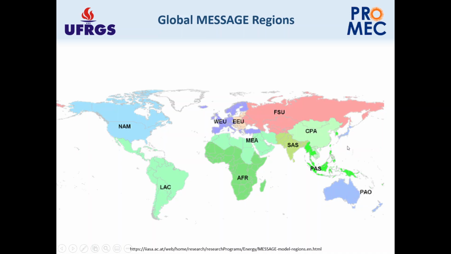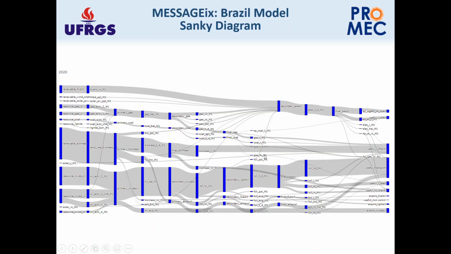There is Australia and Japan, because Australia and Japan have a similar economic profile and are close to China, so they have similar economic characteristics. So they are put in the same region. Then South Saharan Africa, and the countries from the Middle East. These are the 11 regions in MESSAGE.